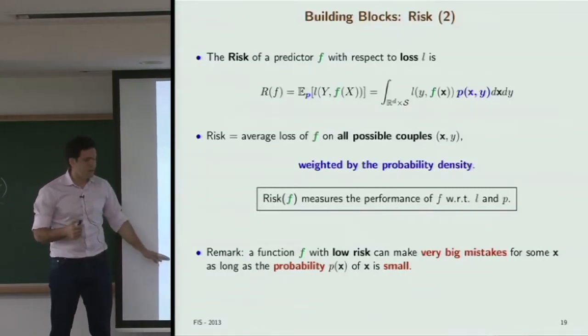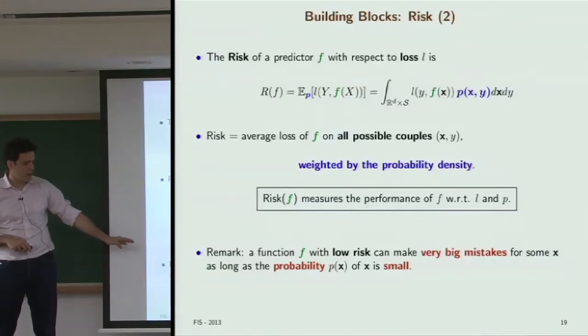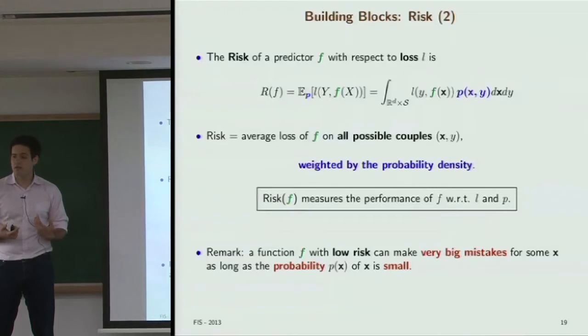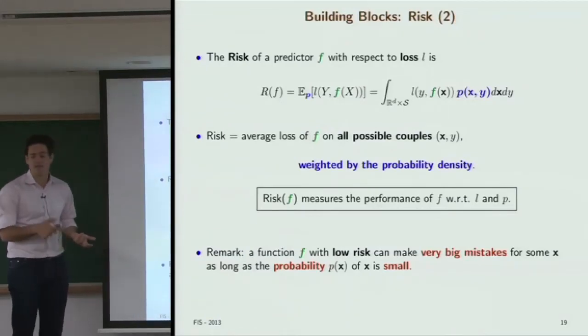So here is a very important remark that you should make: a function f with very low risk can make very big mistakes for some x as long as the probability p of that x is small.